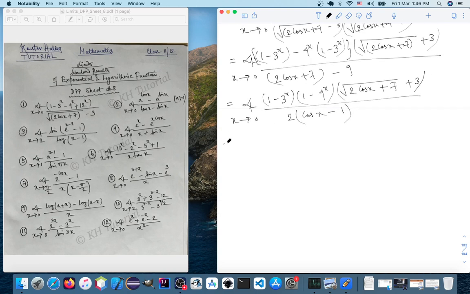We would like to rearrange the terms so that we have the form a to the power x minus 1.